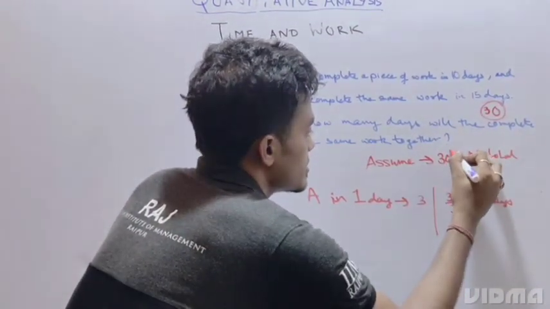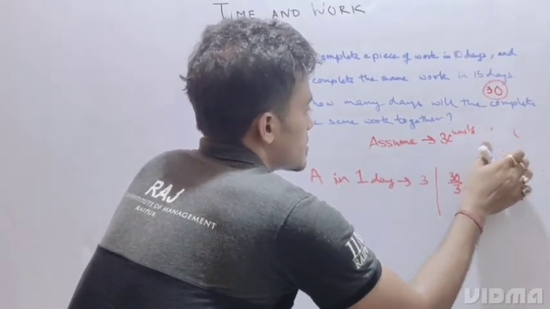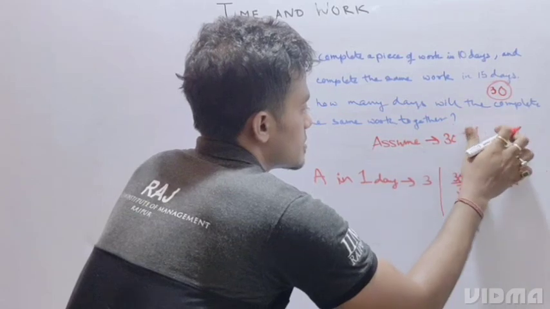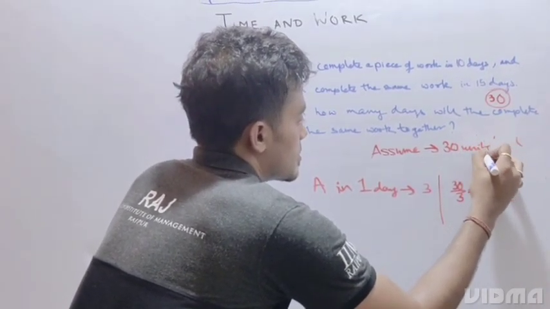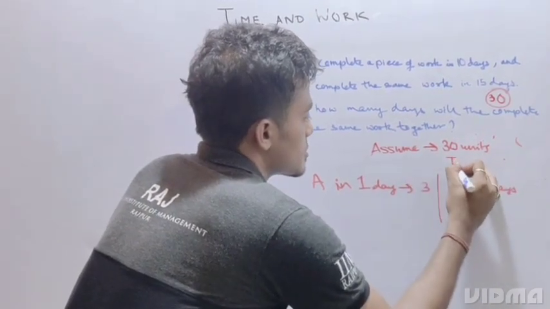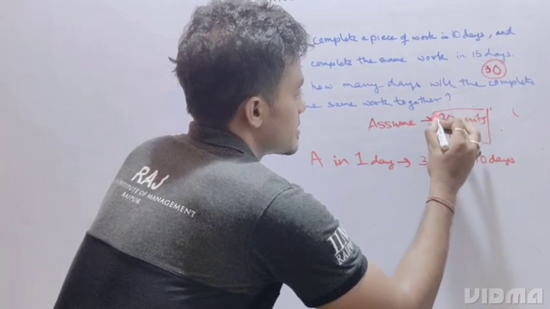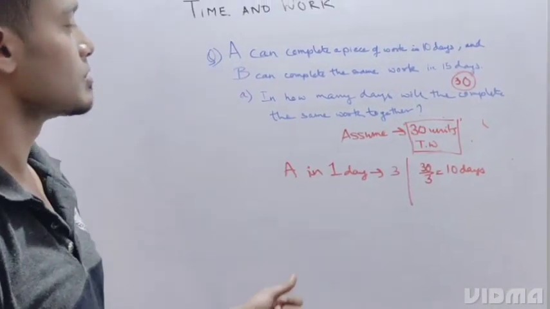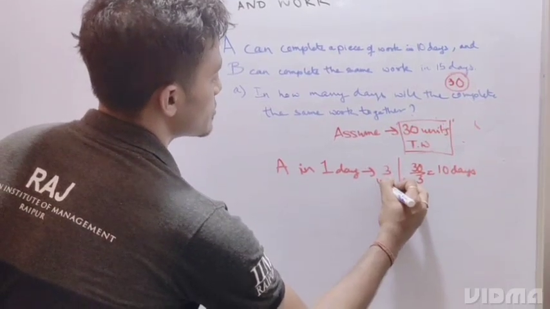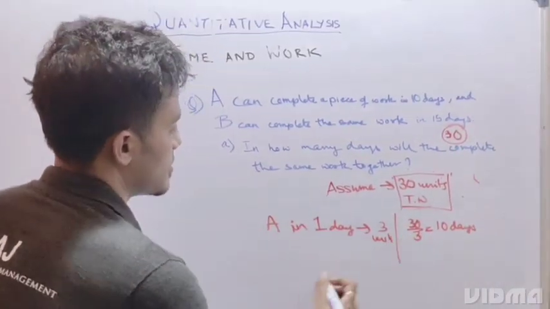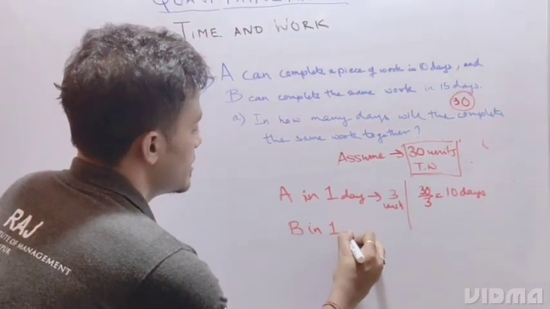So 30 units is the total work, right? So A in one day needs to do 3 units of work. What about B?